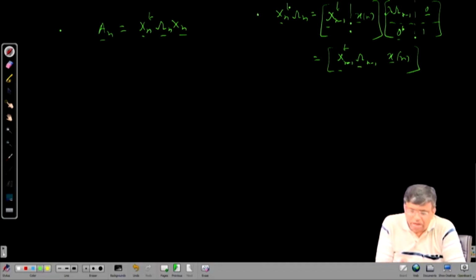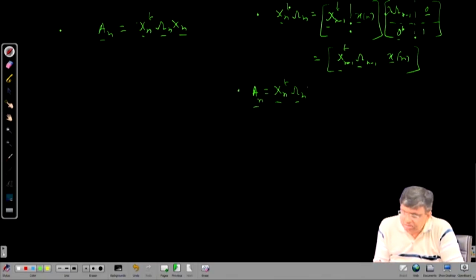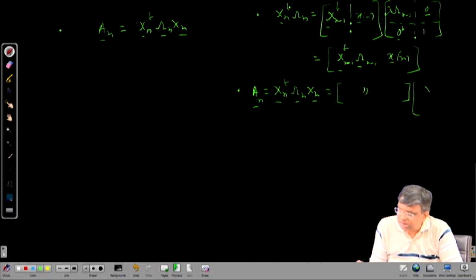This is one thing, then after this you have to multiply it by x n, so x n transpose. So actually a n means this above thing into x n, and x n you have seen is x n minus 1.